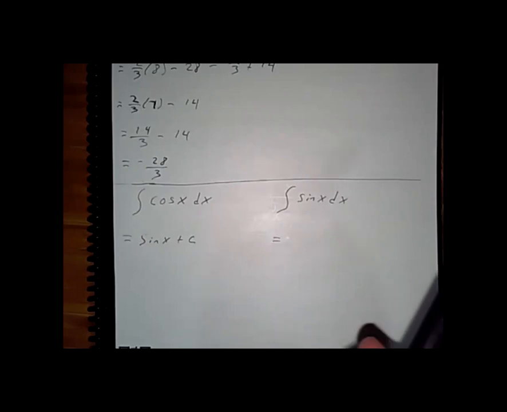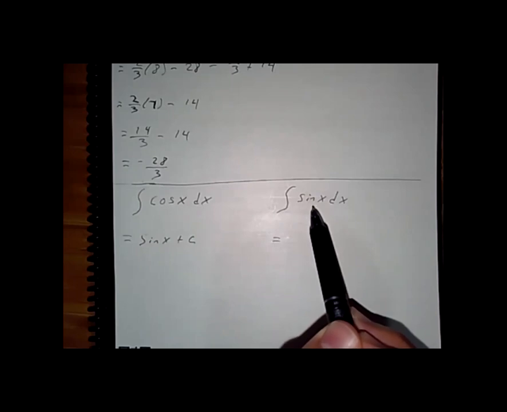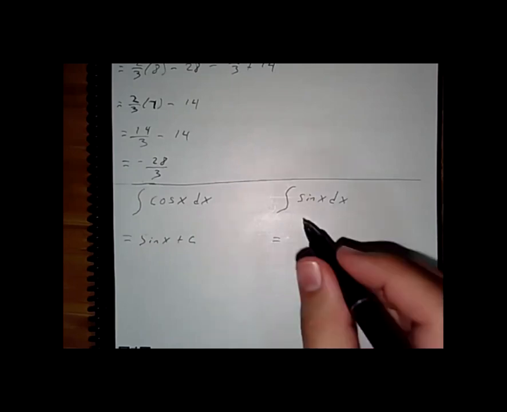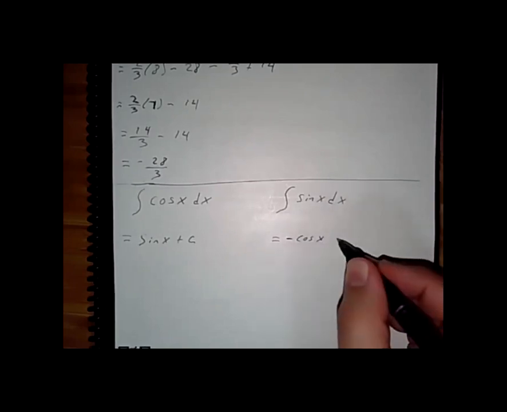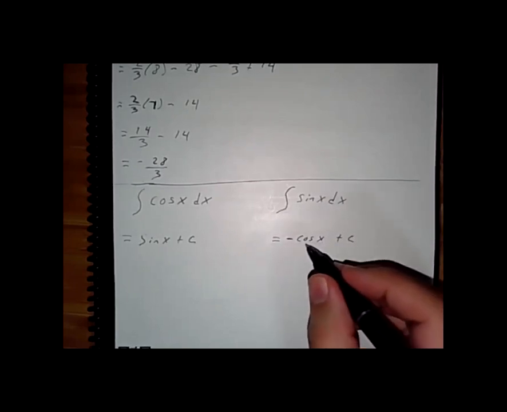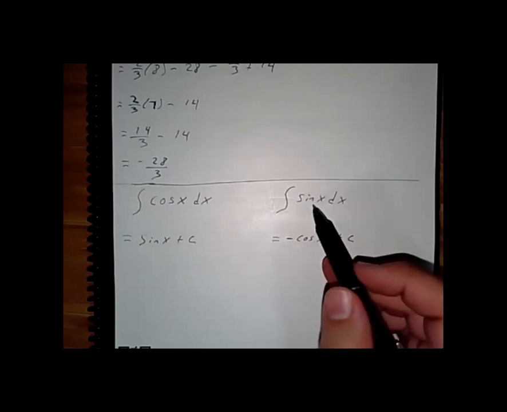Now, what's the antiderivative of sine? It has to be negative cosine, because the derivative of cosine is negative sine, so I need another negative to make it positive. That makes sense?